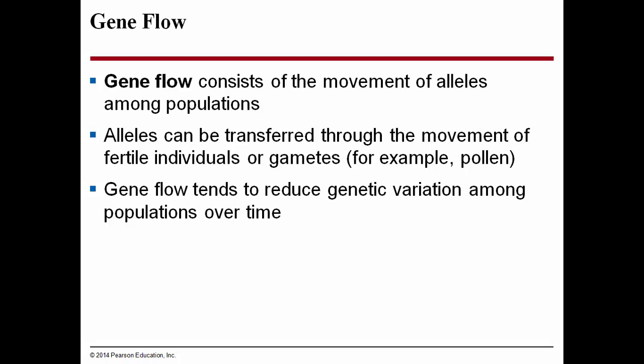Gene flow consists of the movement of alleles among populations. So gene flow is kind of the opposite of genetic drift. Alleles can be transferred through the movement of fertile individuals or gametes, and gene flow tends to reduce genetic variation among populations over time.